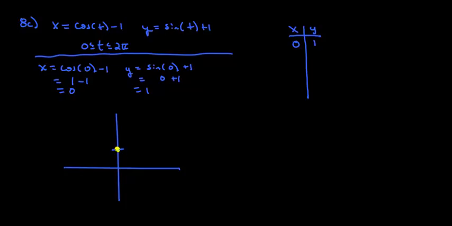Okay. Now I'm going to erase that so we have some room here. Now we could try whatever angles we want, as long as they're between 0 and 2 pi, so let's try, I don't know, pi over 2.